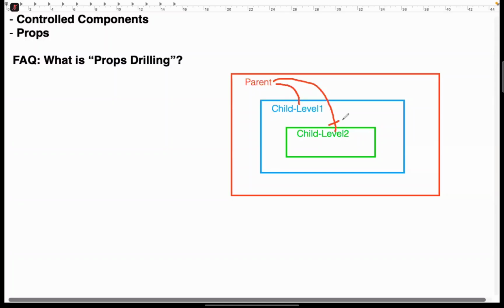The parent can send data to the child, but from this child you have to send data to the second, because the parent of level 2 is level 1. We cannot directly pass properties there, so that is the restriction with properties.